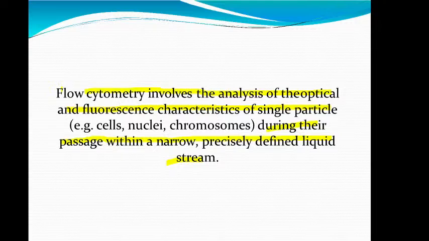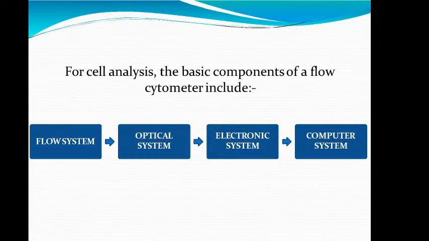The single particle may be a cell, and as they pass through the stream, at that time we are able to analyze the cell. So this is for cell analysis.